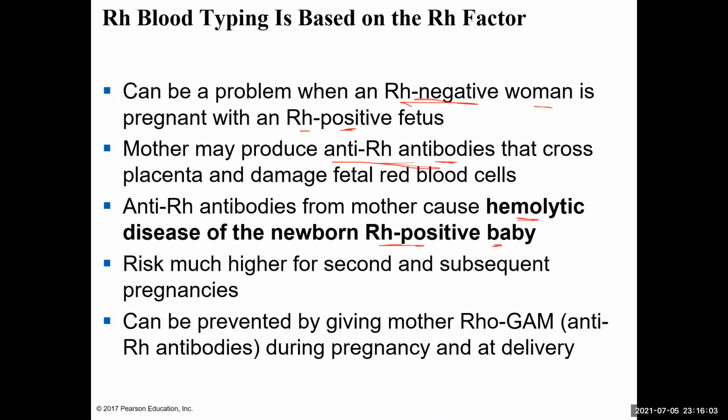And this hemolytic disease is actually a higher risk if the mother has, say, a second or third pregnancy, because the first pregnancy would cause the antibodies to be made, and then in the second pregnancy, the antibodies can carry over to the fetus and affect the fetus's Rh positive blood.